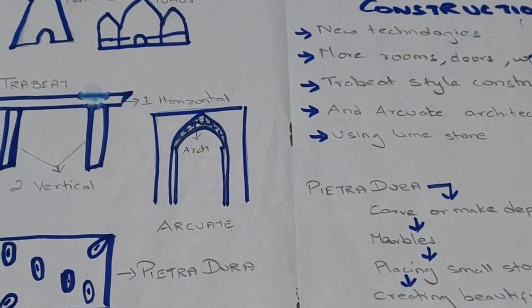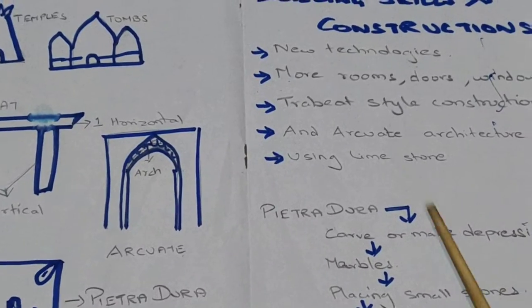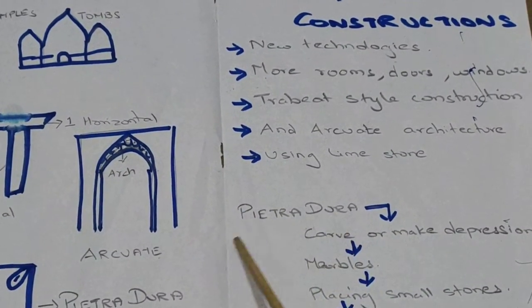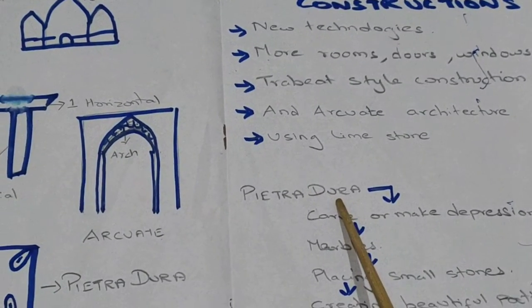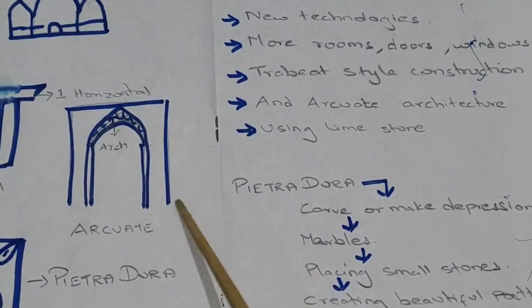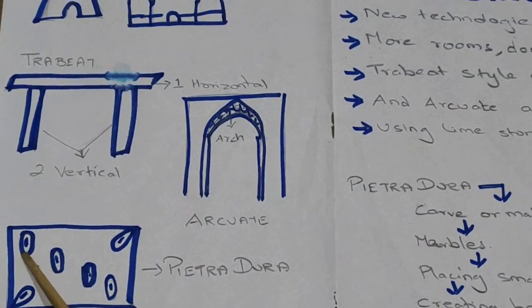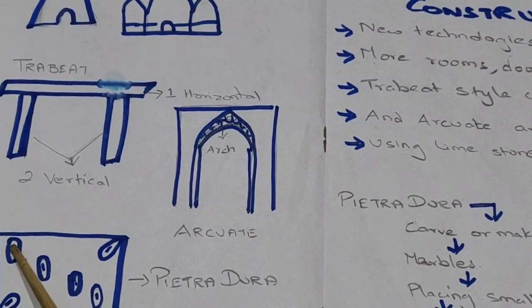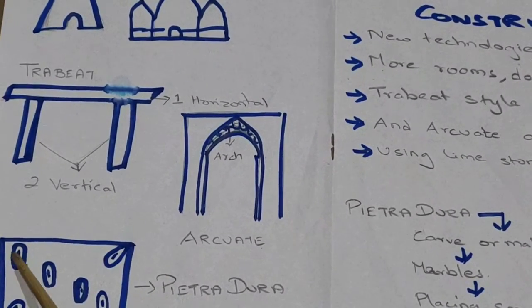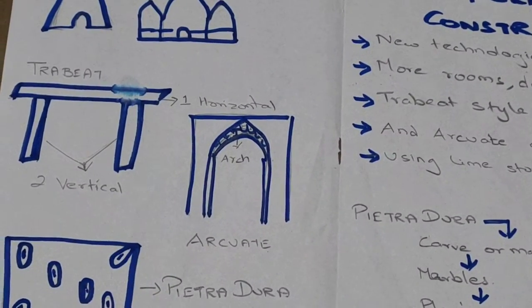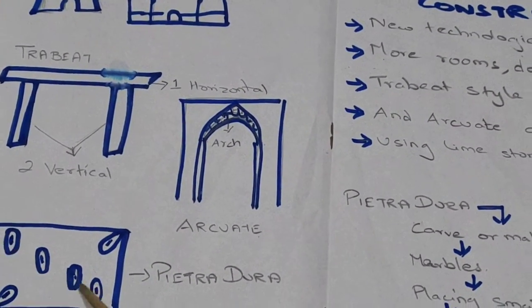There was another pattern in their construction. It is called the Pietra dura. The Pietra dura construction was nothing but making patterns by carving small pieces from marble. A small duct, a small depression, is made in the marble and precious stones are laid inside these depressions, forming a pattern.